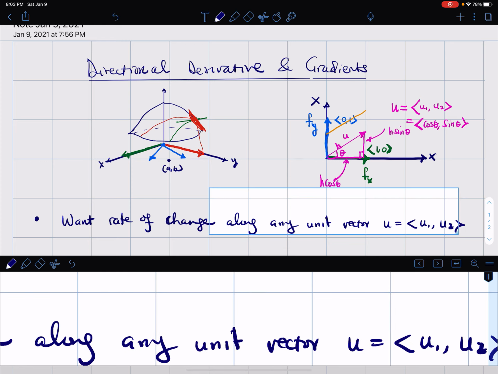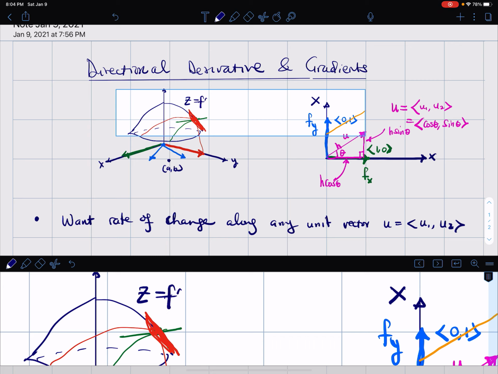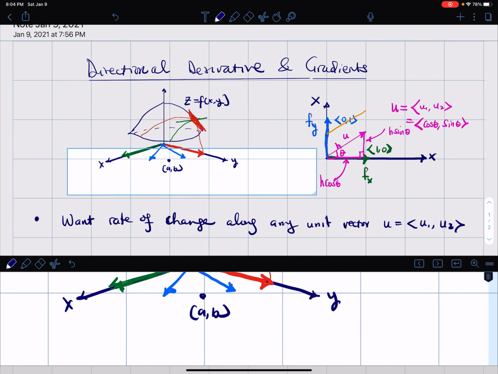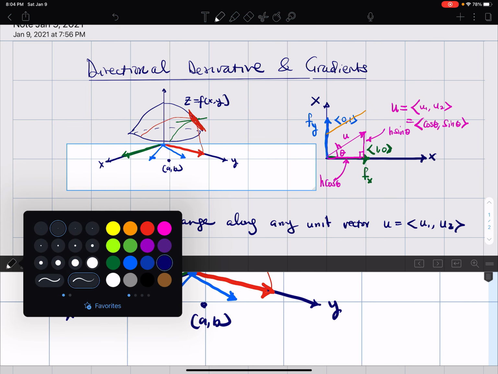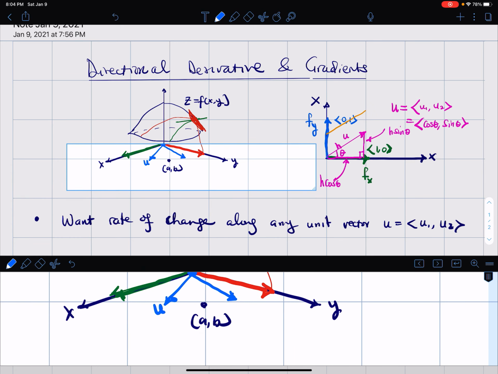All right, so this is our function z equals f of xy, and we want to find its rate of change along any unit vector u. So this could be u, it could be this one.